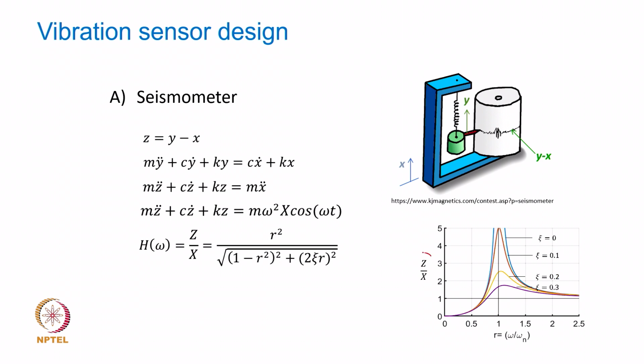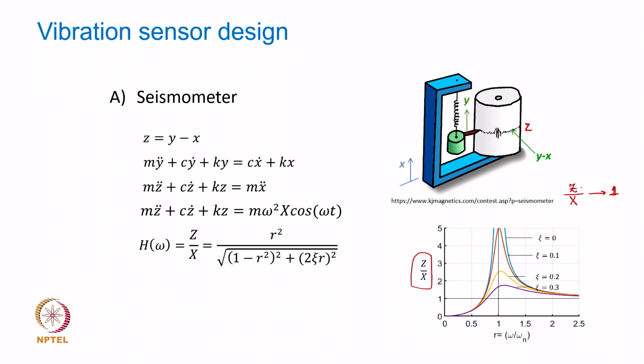Now, look at what your expected behavior of the sensor is. Would you like to have this z by x equal to 1 or 0? What do you mean by z by x approaching the value 1? What does that physically mean? This is mathematical. If the ratio approaches 1, or is ideally 1, what does that actually mean? That z should be the same as x. Yeah?